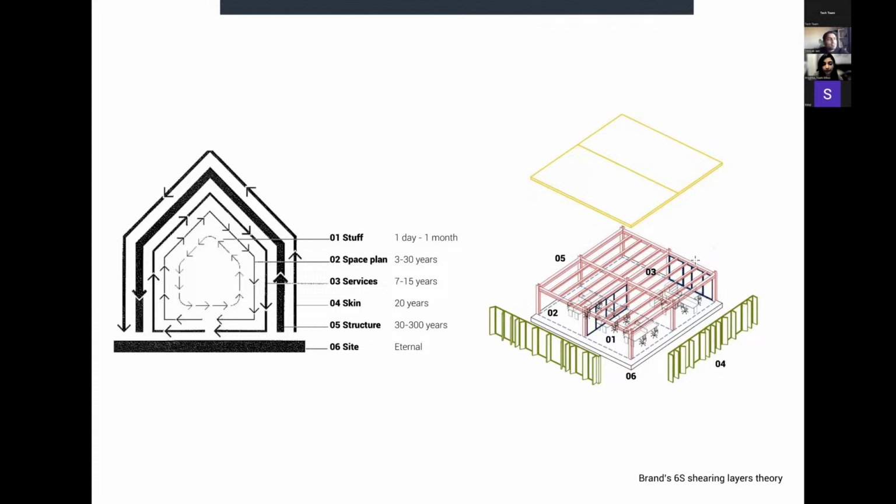So if buildings are designed with these six layers in mind, they would be easily adaptable or modified in the future, and it also prolongs the longevity of the architecture itself.